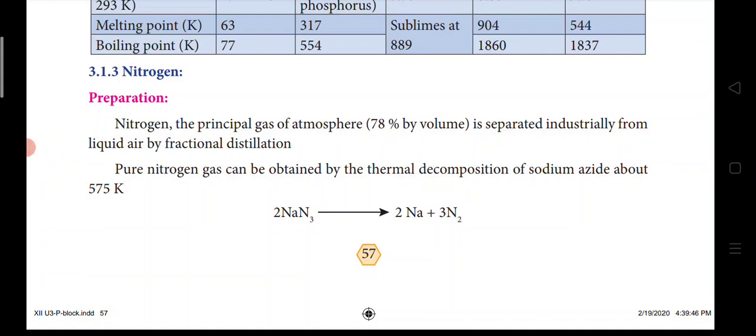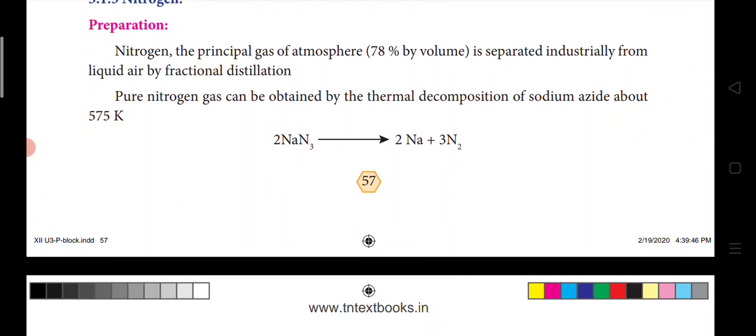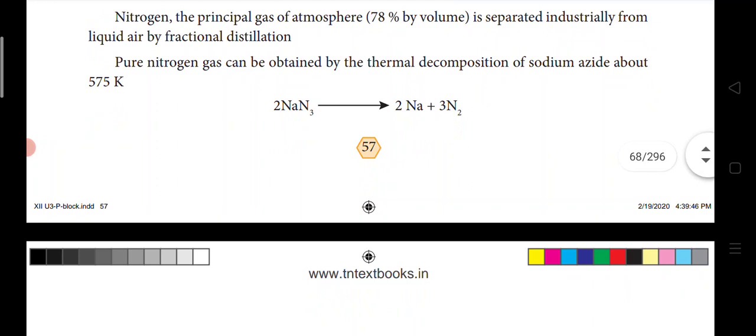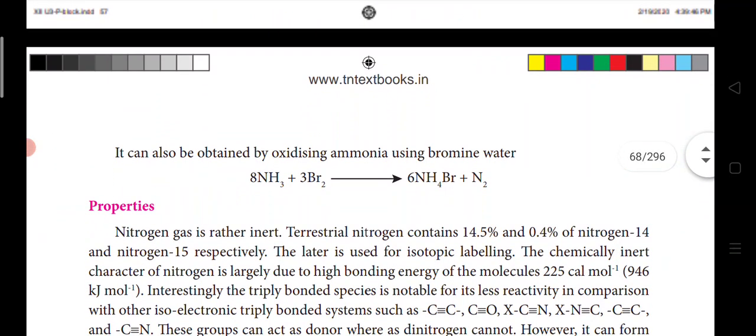By fractional distillation. Pure nitrogen gas can be obtained by the thermal decomposition of sodium azide. Sodium azide means sodium, Na, and azide, which is 3 nitrogens, N3. At 575 Kelvin it gets decomposed to give sodium and nitrogen separately.